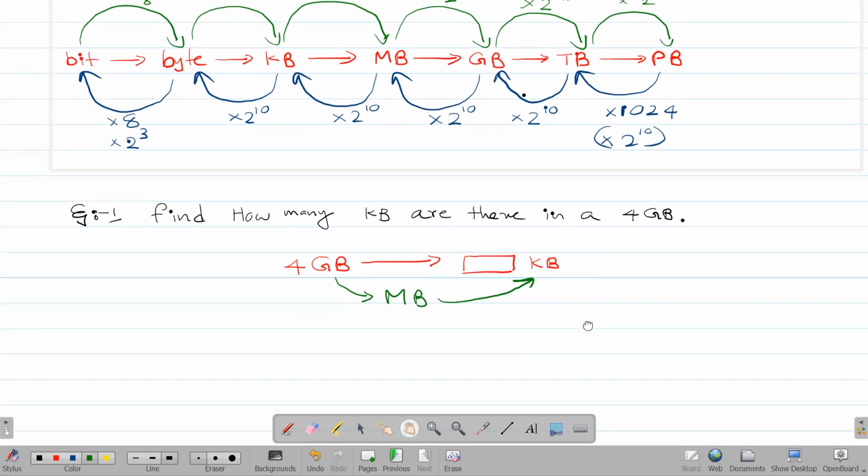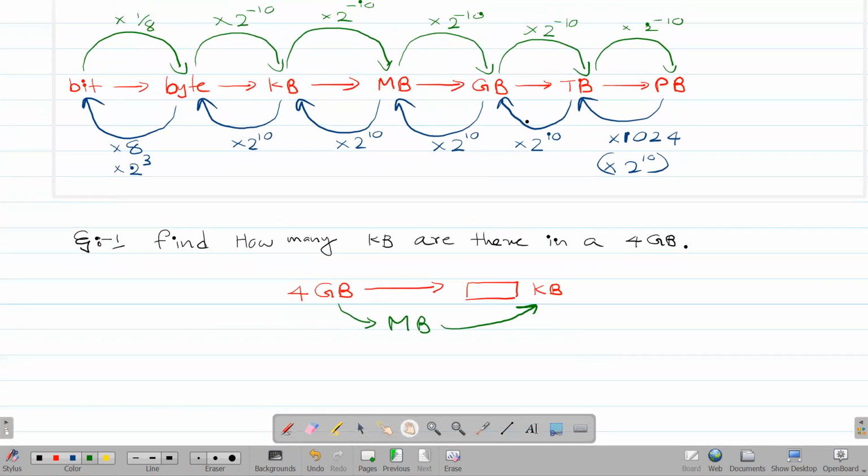Then what we are going to do is take this 4 as it is. We are not going to change it. And we put a multiplication sign. Then we consider how much we want from gigabyte to megabytes.